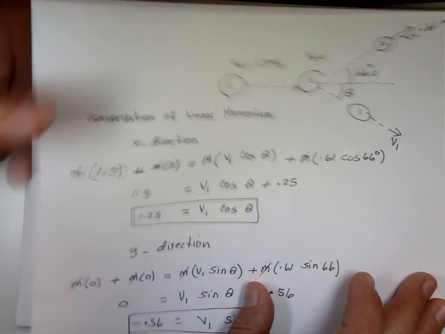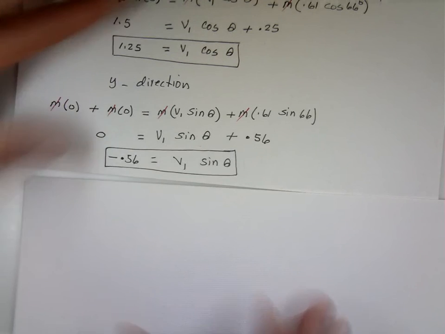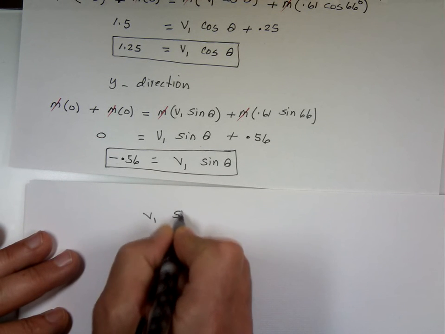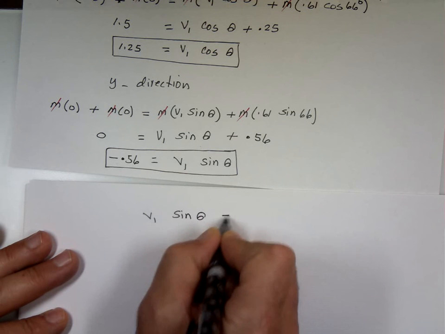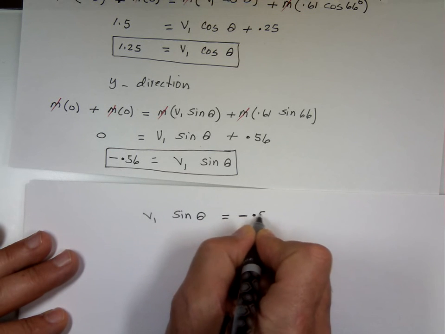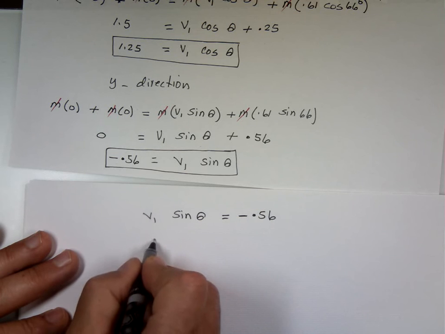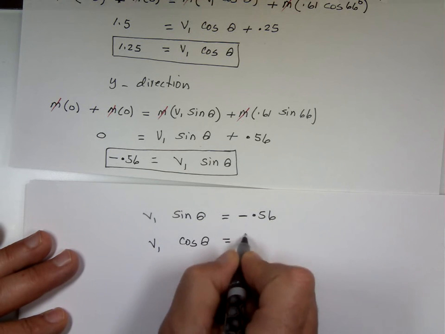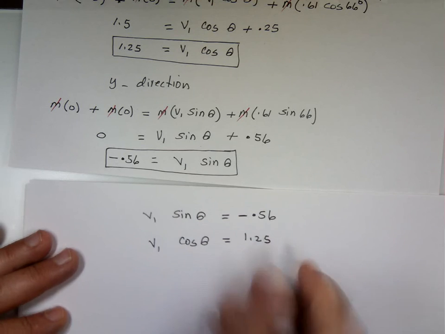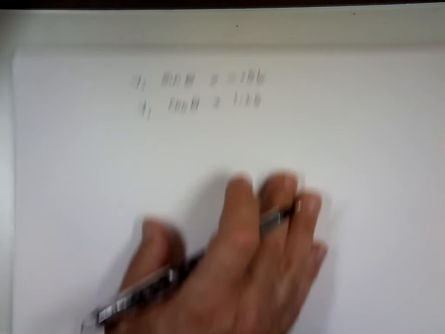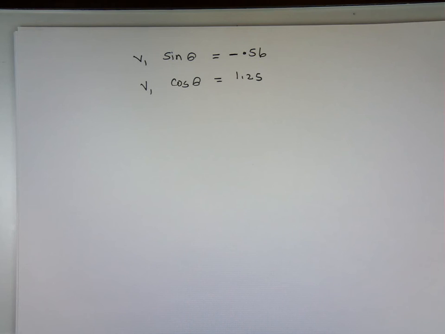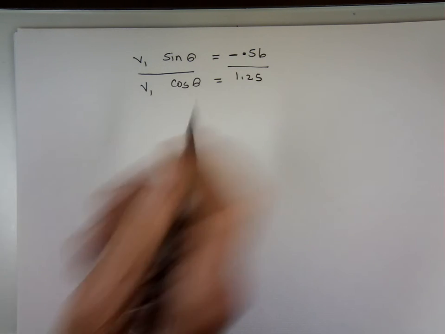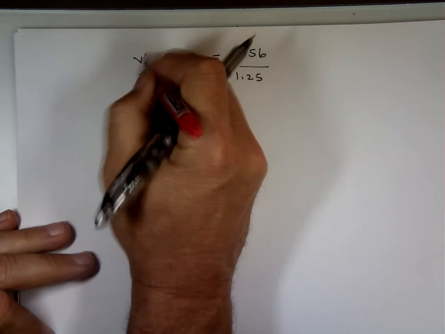Here's the first one. I always write sine on the top, cosine on the bottom, because I like to divide them. One of the easiest ways of solving them for me is to divide them. So if you divide them now, the v1s will cancel each other out. Sine over cosine, which is what?